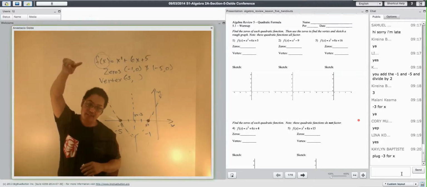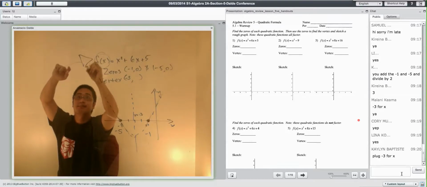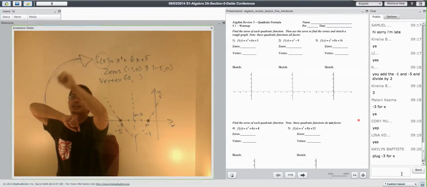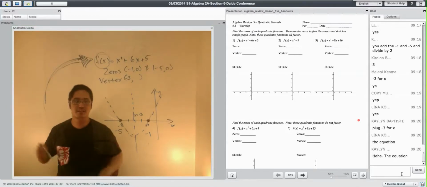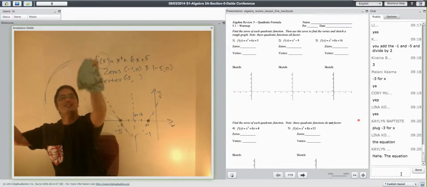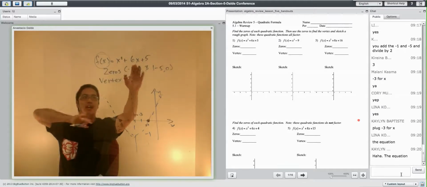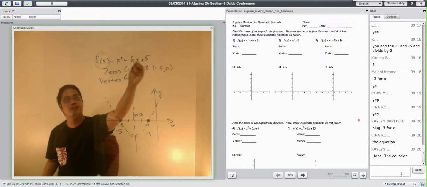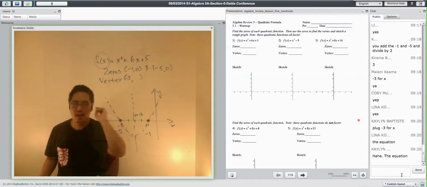Can you think of any place at all that might have that information? The equation, exactly. This equation tells us this is a function of x, and every x that you give me, I will give you what the y value is. You tell me what the x is, I'll give you what the y is.